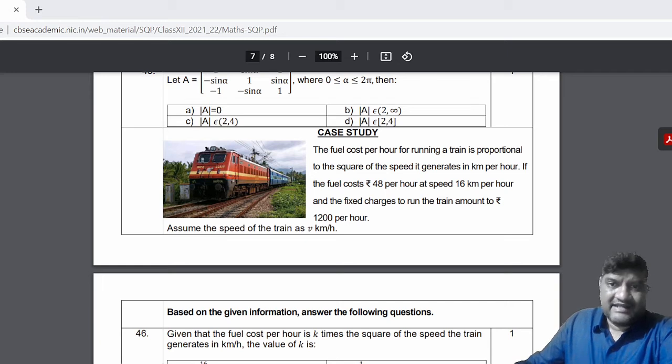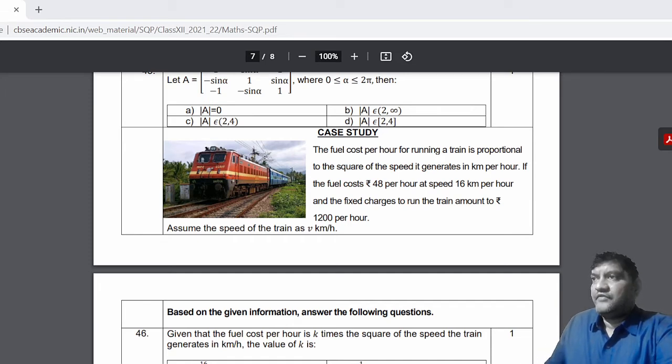So if the train is running at 16 kilometers per hour, then the fuel cost is going to be 48 rupees per hour. And the fixed charges to run the train amount to 1200 rupees per hour. So if it's running for 2 hours, then the fixed charge is 2400. Remember that.